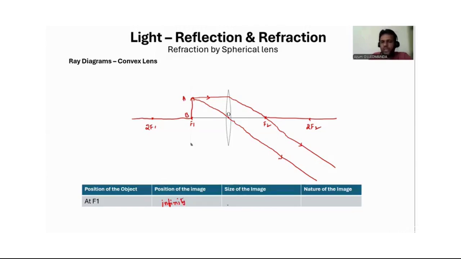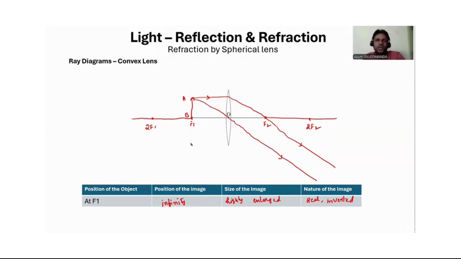The size of the image is highly enlarged or magnified. And the nature of the image is still real and inverted. So in a convex lens, so far all the images that we got are real and inverted. Hope you understood, guys.